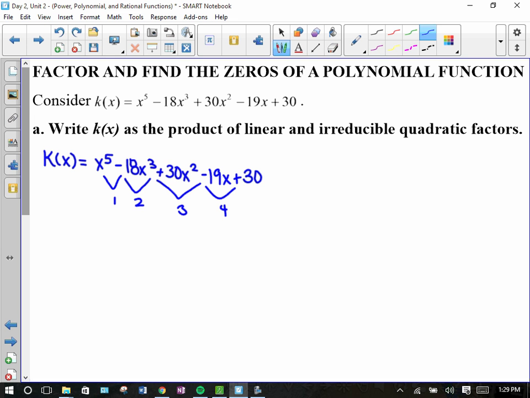So what that tells me is there could be 4 positive real zeros, there could be 2 positive real zeros, there could be 0 positive real zeros. I'm subtracting 2.